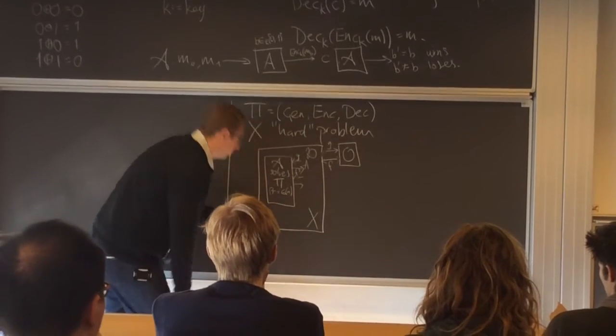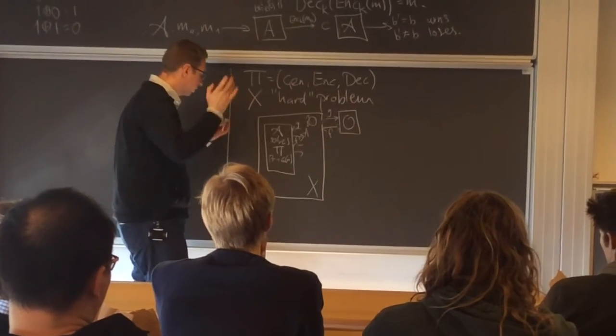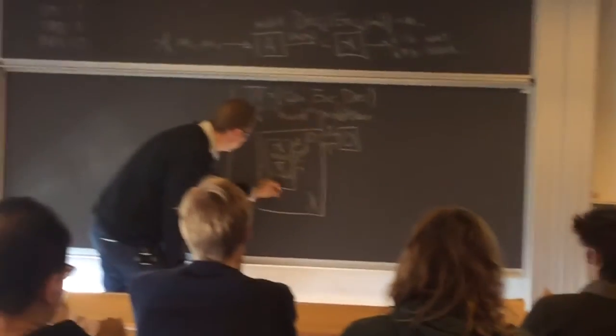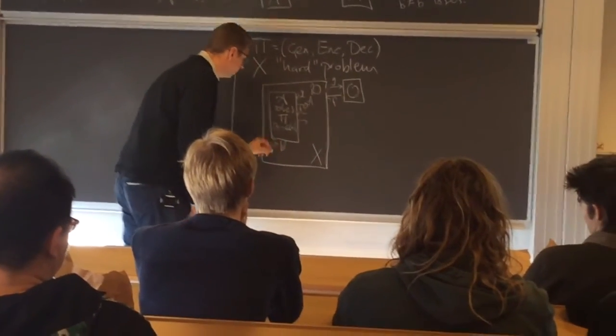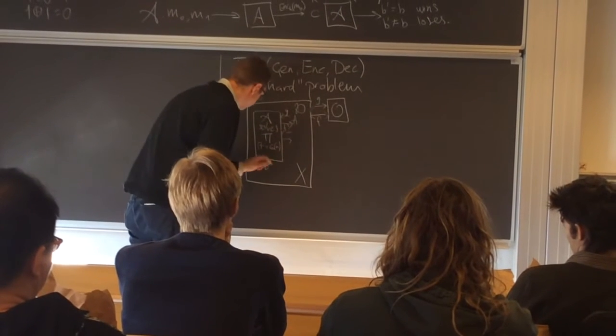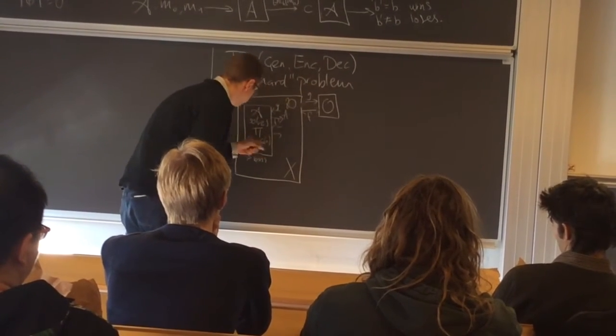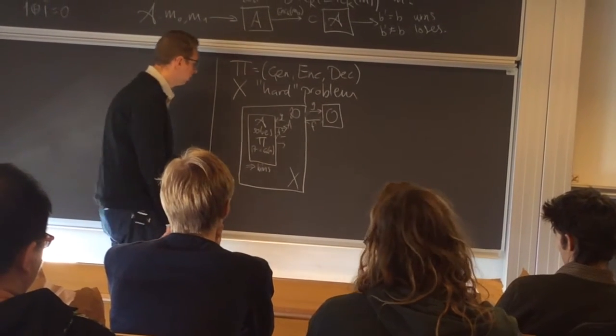And then pi, if we run this experiment with 0, 1, then A outputs a B prime and wins the experiment, so I'm just going to write wins with probability epsilon of n.